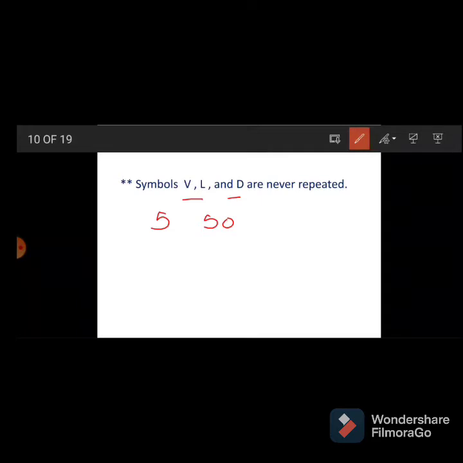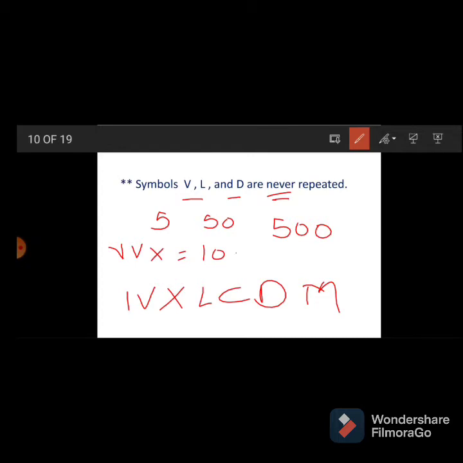Remember IVX LCDM, again and again I am telling you, D means 500. These symbols are never repeated. Suppose 5 two times, VV, it is wrong, because 2 times 5 means 10, but for 10 there is the Roman numeral X, so don't write V 2 times.